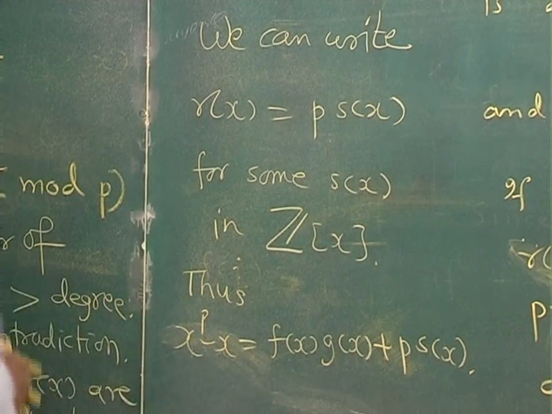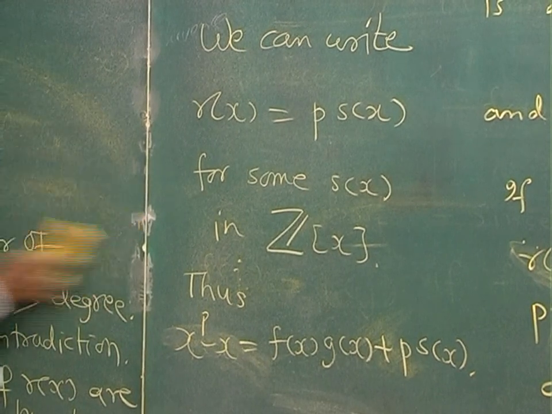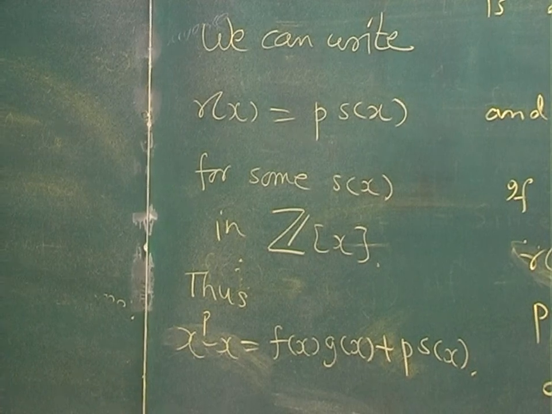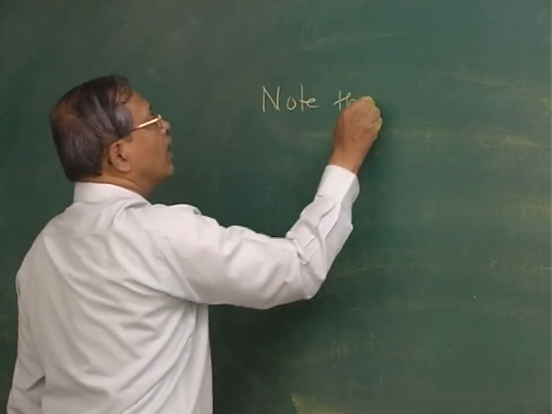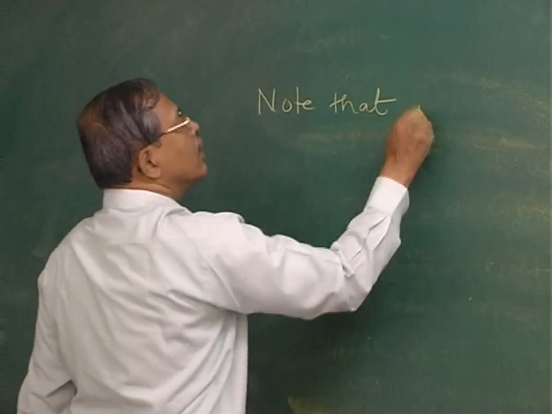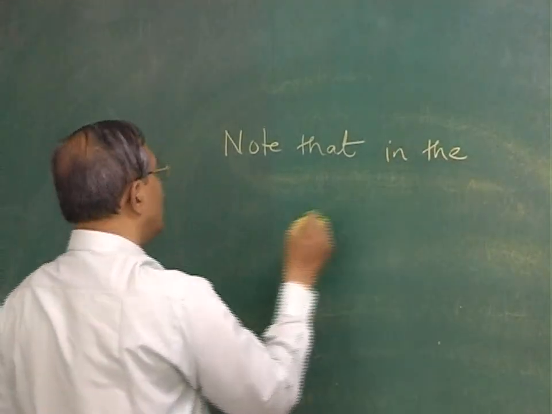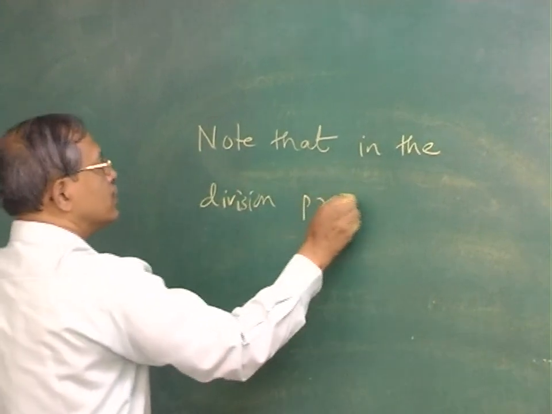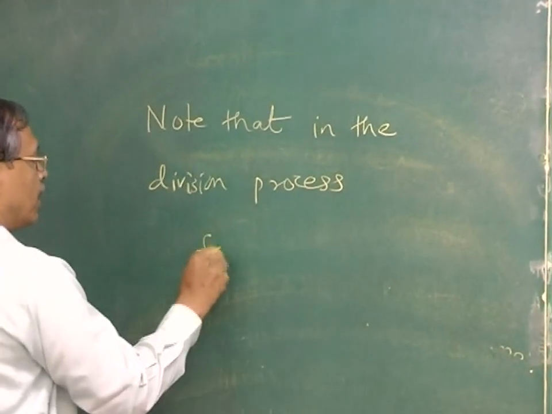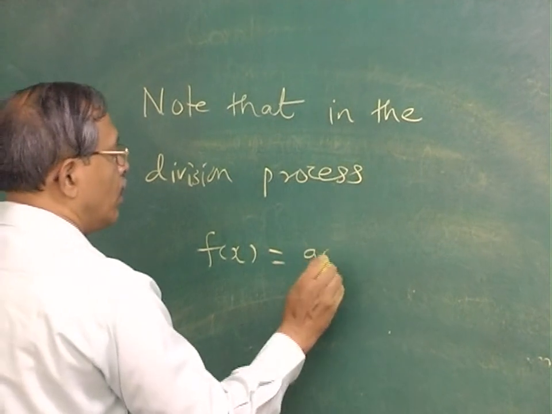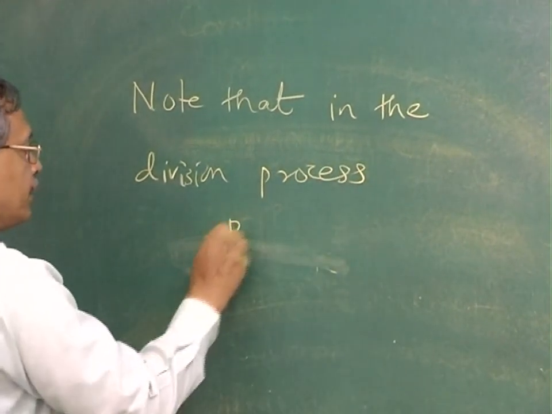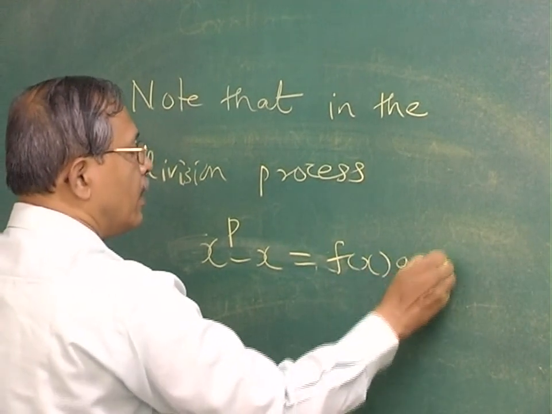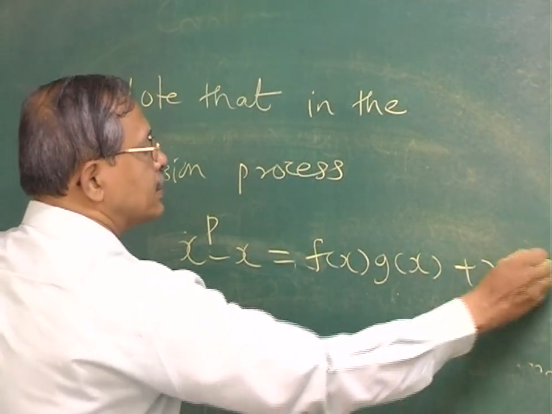So let me write that part. Note that in the division process, x raised to P minus x equals f(x) g(x) plus r(x).